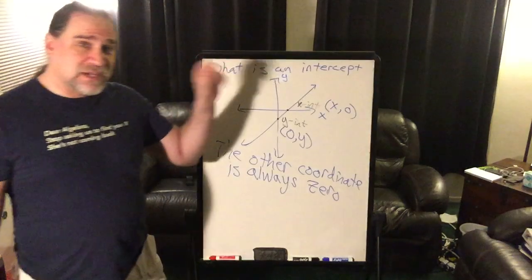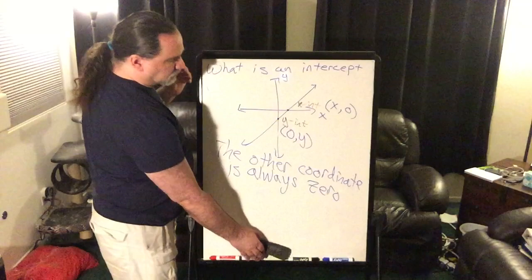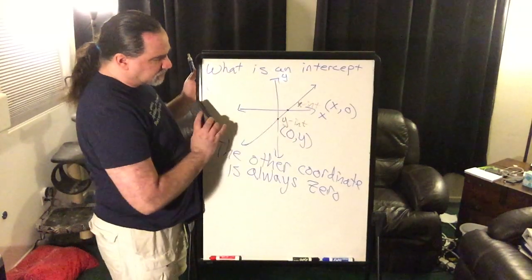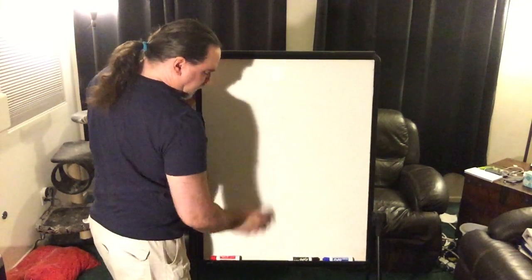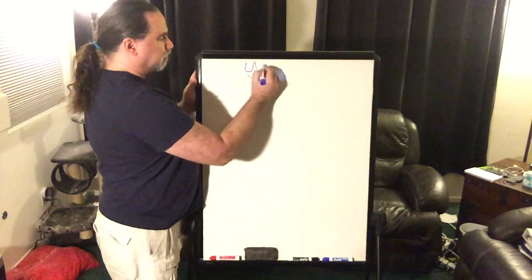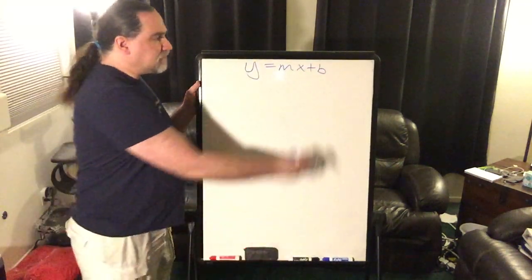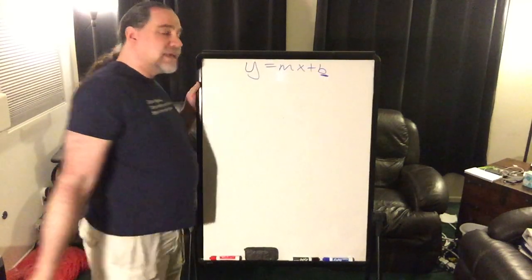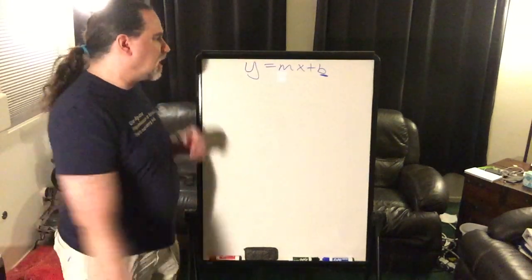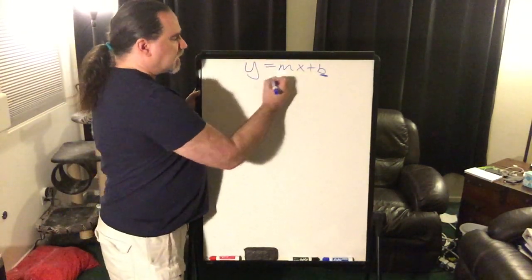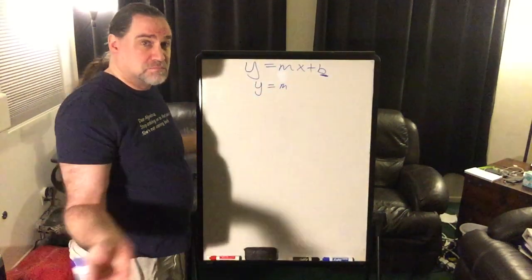Now, when we go back to slope-intercept form, I'm going to take a second, let you take a quick glance at this. The b value is the y-intercept, because if we were to take the slope, I don't even need to know the slope, it doesn't matter.